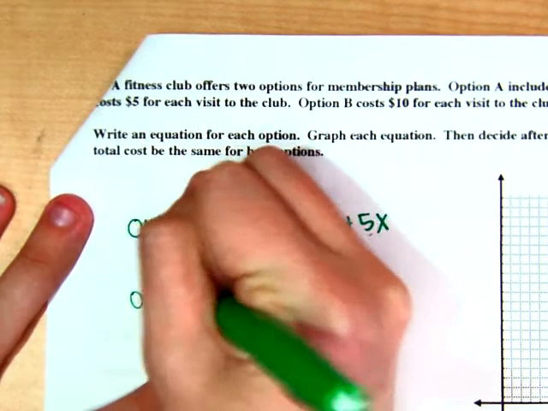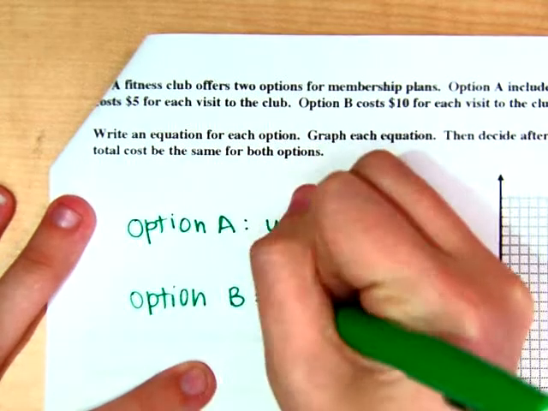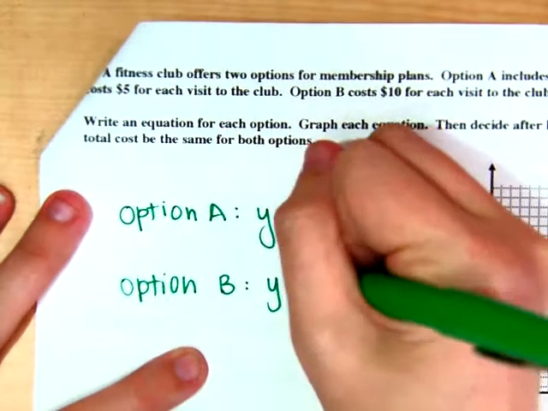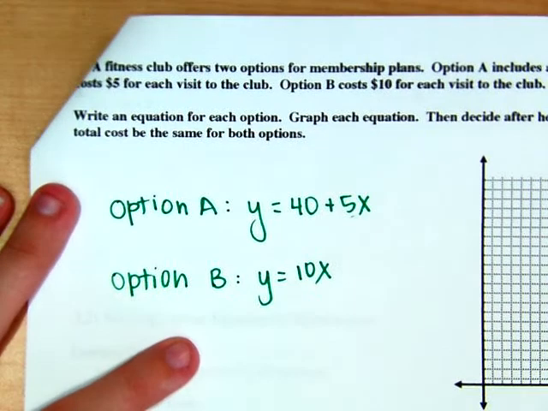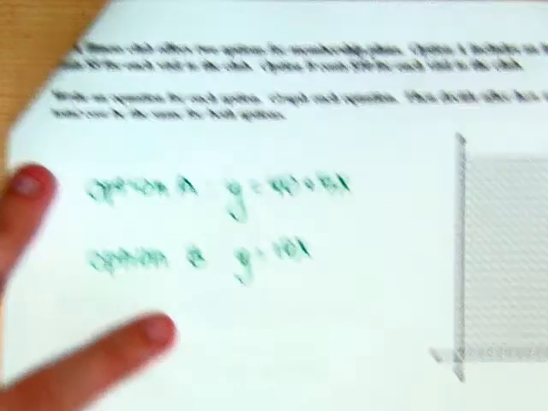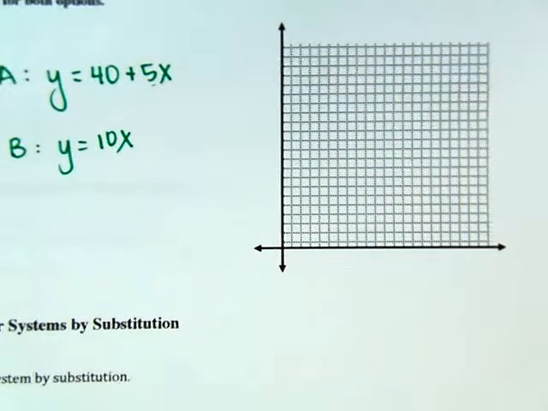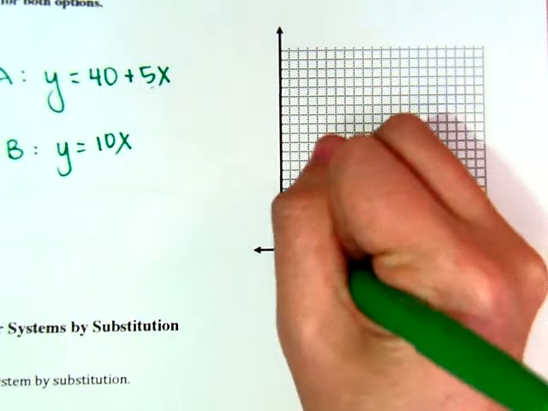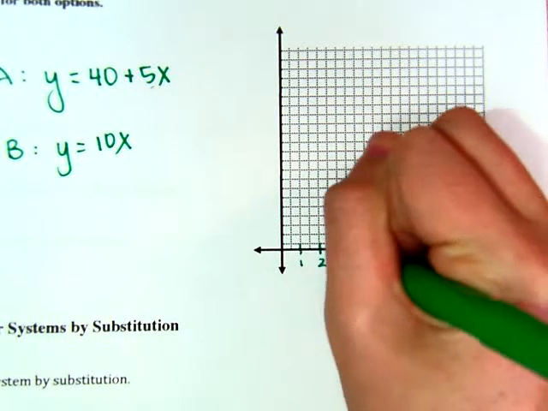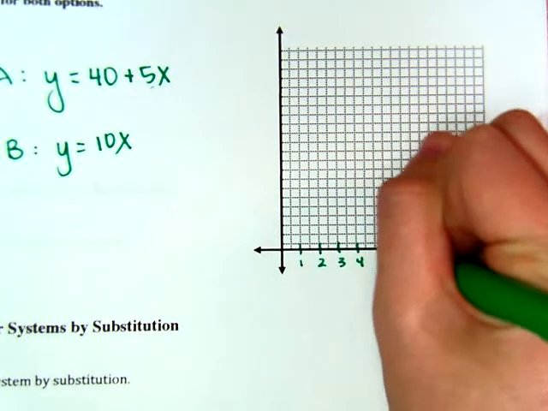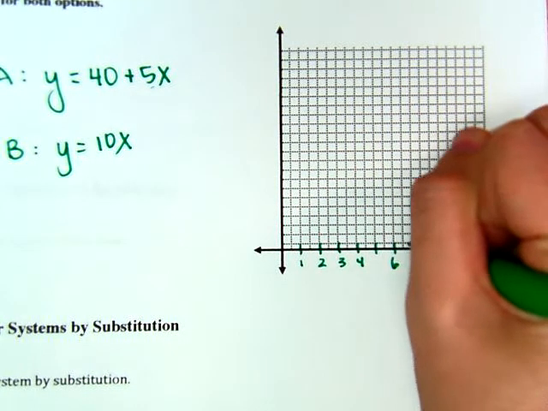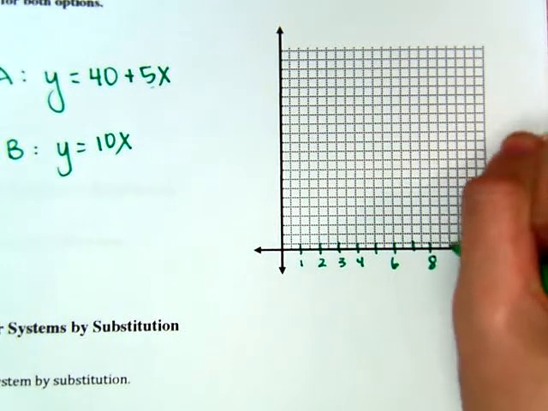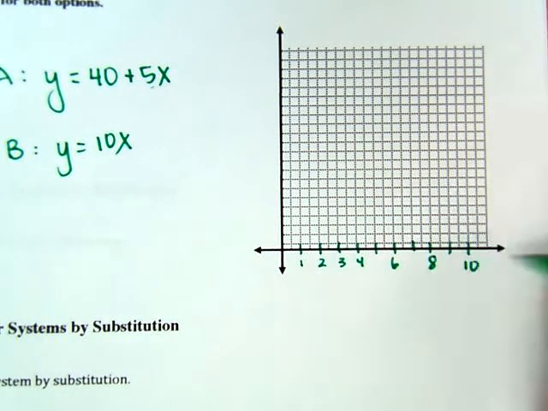And then option B, y equals, there's no startup cost, but it is $10 each time I go. So on this graph, let's go by, it looks like I went by ones down here. So we got 1, 2, 3, 4, 5, 6, 7, 8, 9, 10.